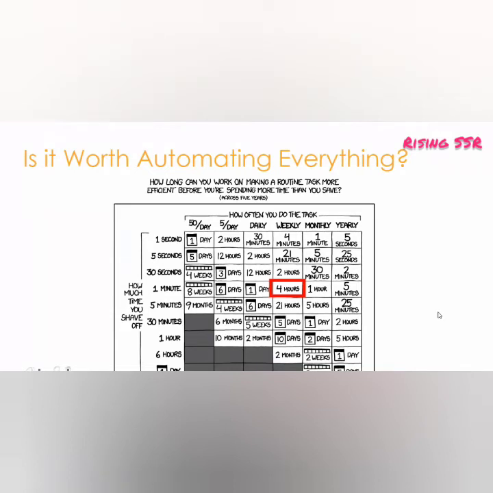Whether the cost benefit analysis really makes a particular situation a candidate for automation. If the cost benefit analysis doesn't permit doing that, then there is no point in automating that at all.